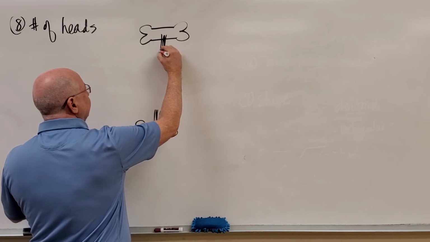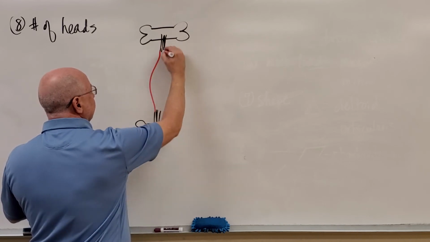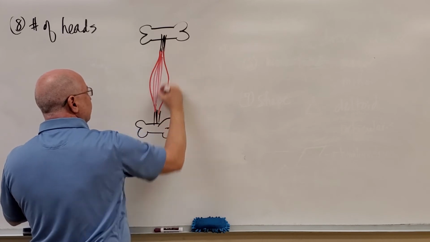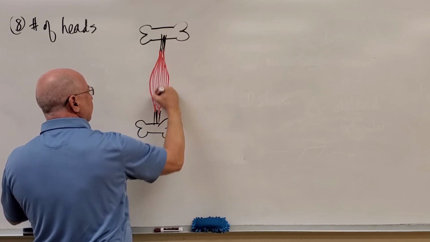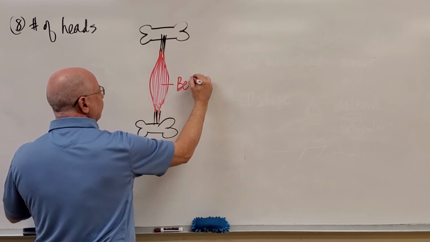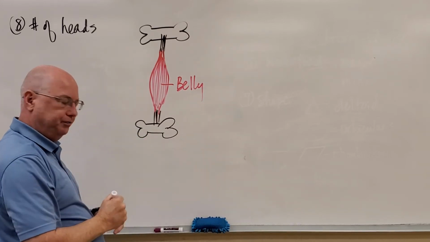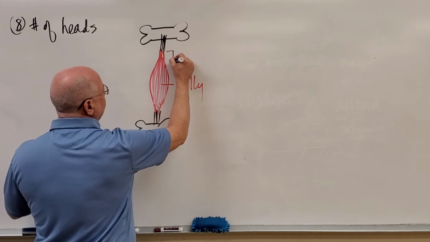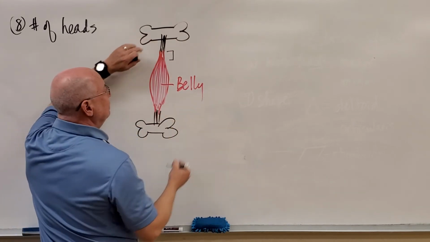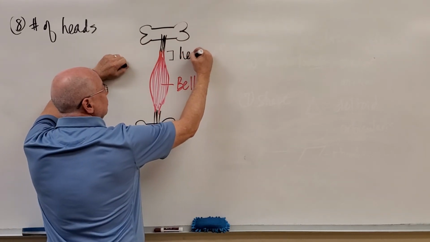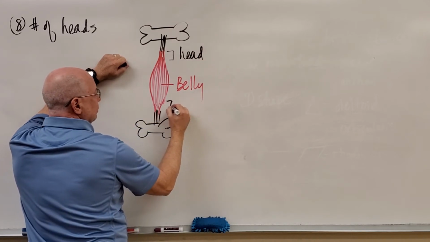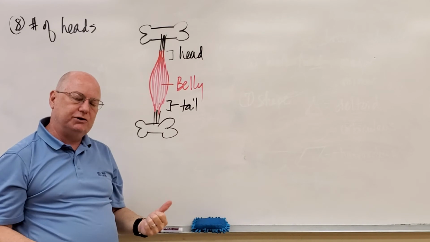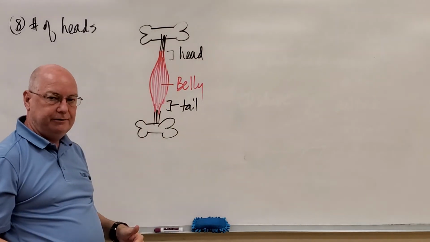And so the muscle fibers would run along this way, like this. And while you may not know this yet, you're about to learn, the middle of the muscle is referred to as the belly of the muscle. If this is the origin up here, then this part of the muscle that attaches to the tendon that goes to the origin would be called the head of the muscle, and this part down here would be called the tail of the muscle. So a lot of muscles have a head, a belly, and a tail.